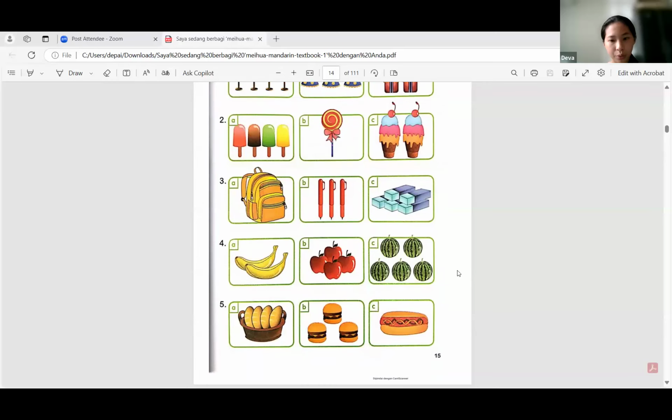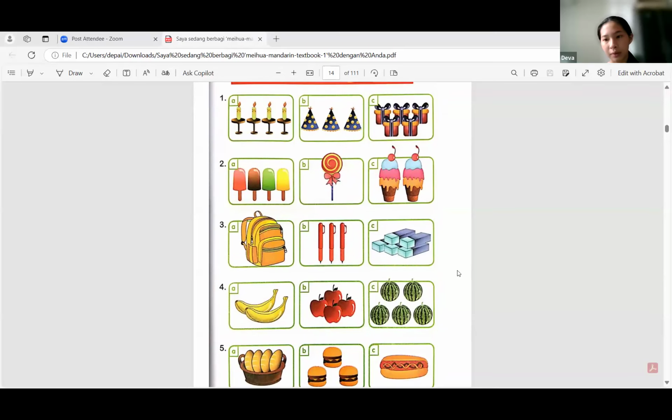Tadi seperti yang sudah Laoshi jelaskan di awal, Laoshi kasih tahu kalian untuk buka halaman 15. Coba semua buka dulu halaman 15 di buku masing-masing, Mehuan 1.